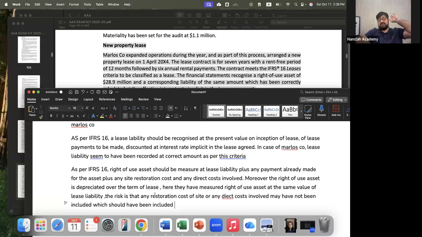Now, this is the risk. Now, impact on the financial statements: and hence, right of use asset may be understated.